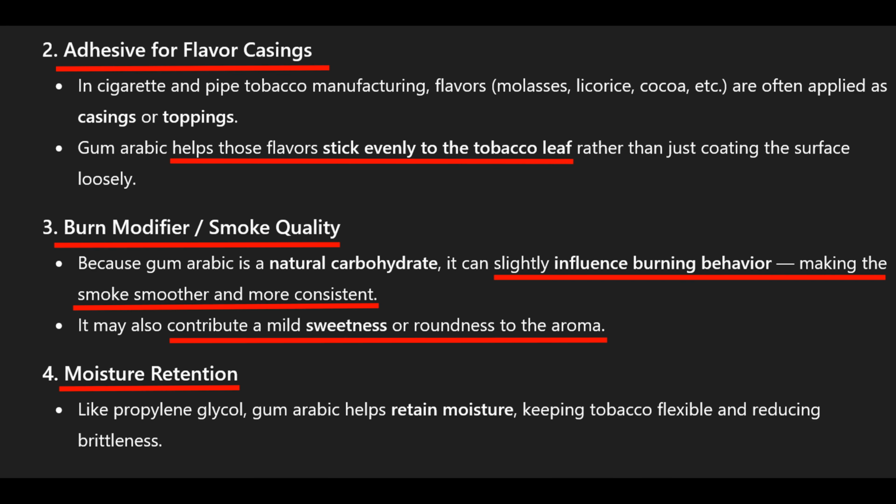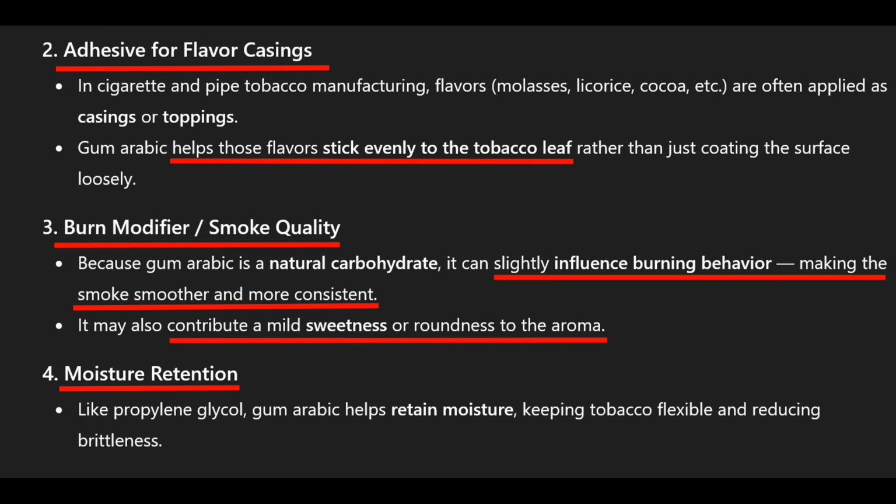Next, we have a very interesting thing, that is, it is an adhesive for flavor casings. It helps those flavors stick evenly to the tobacco leaf. Third, burn modifier and smoke quality.